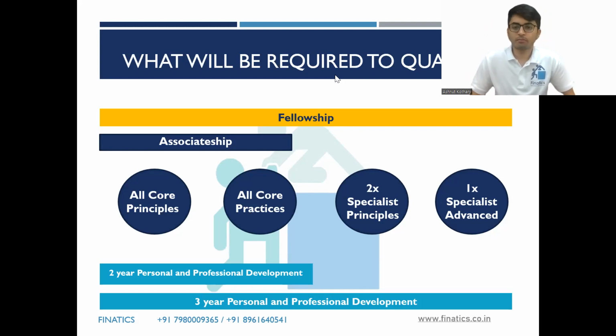So this was regarding the path to attaining associateship or fellowship. Further, there is also a degree called CERA. If you clear the paper SP9, you are eligible to get another additional degree called CERA, which is over and above a fellow actuary or associate actuary. When I say over and above, it's not like after fellowship, the next step is CERA.